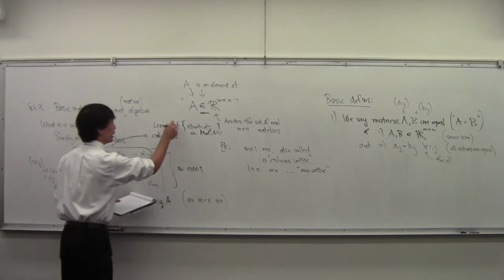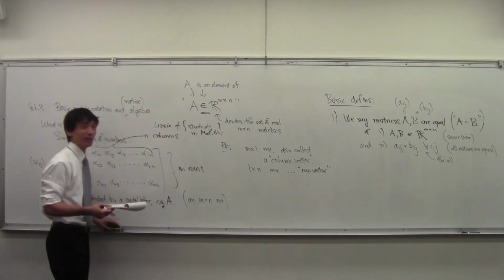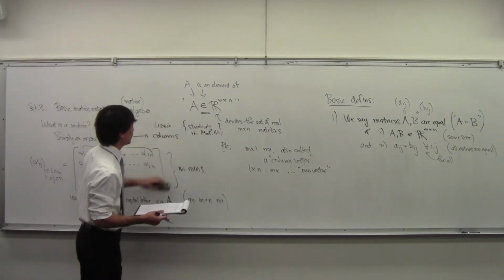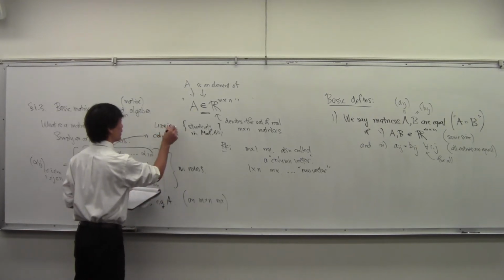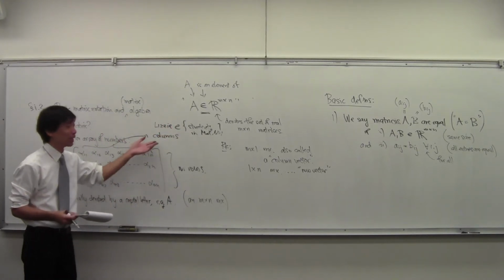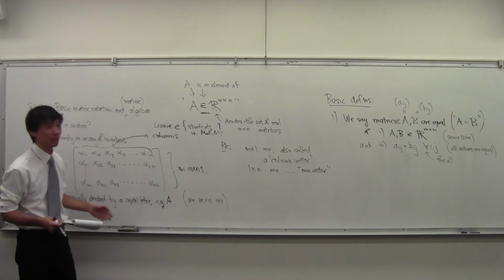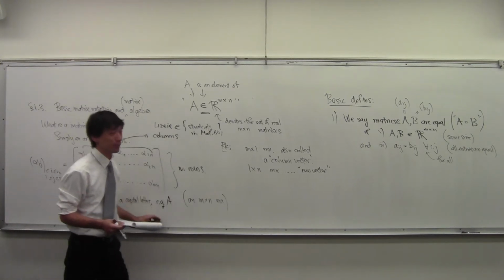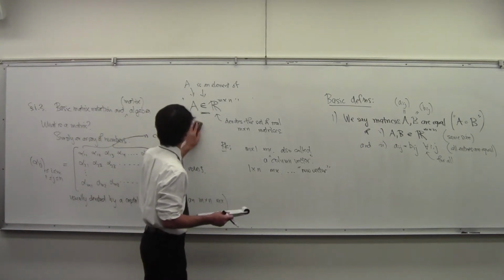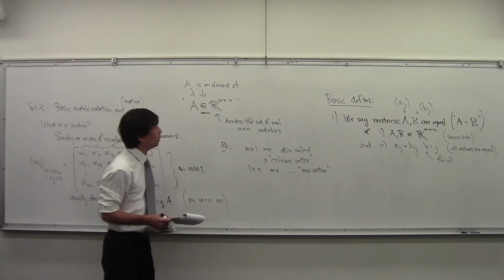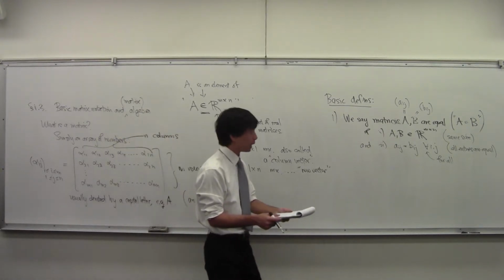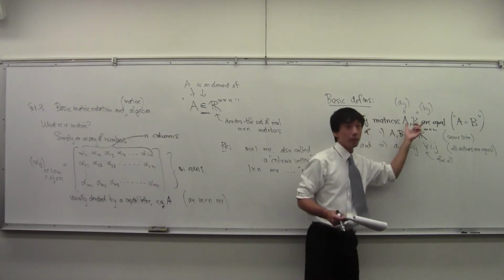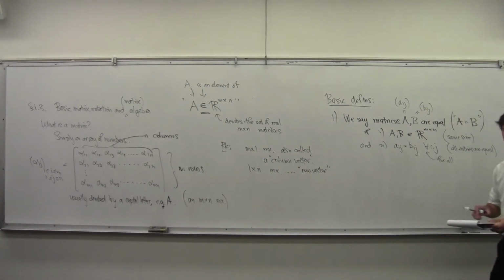If I say you are not an element, that means you dropped the class, or maybe you haven't enrolled in the class. I'm not an element of that set. So just set notation. What does the upside down A mean again? It means for all.